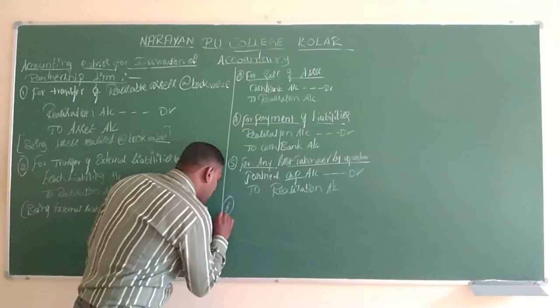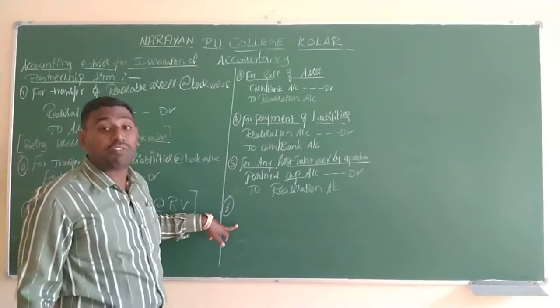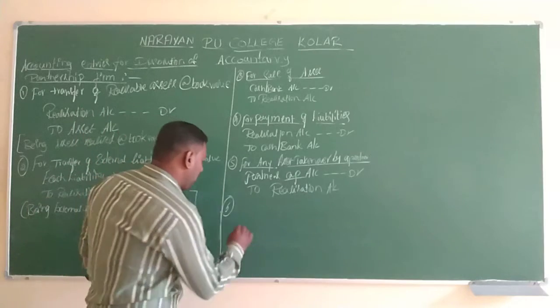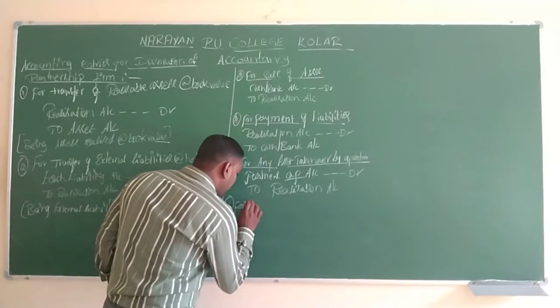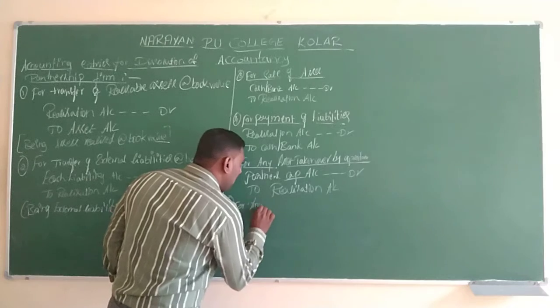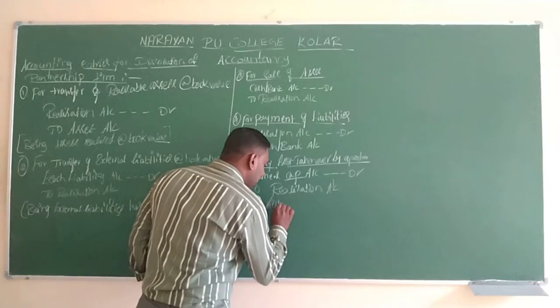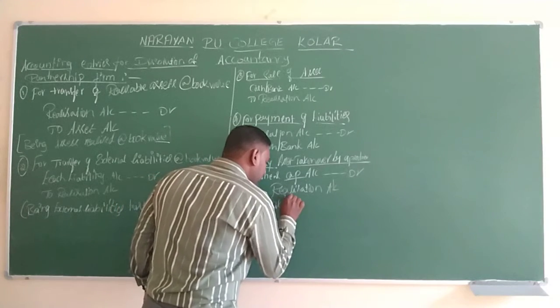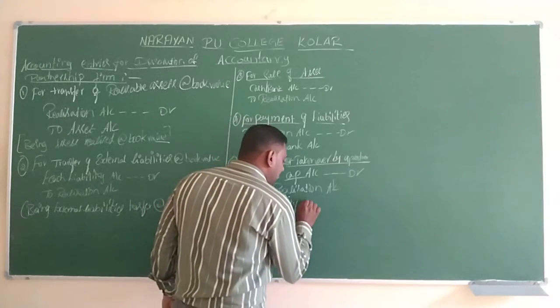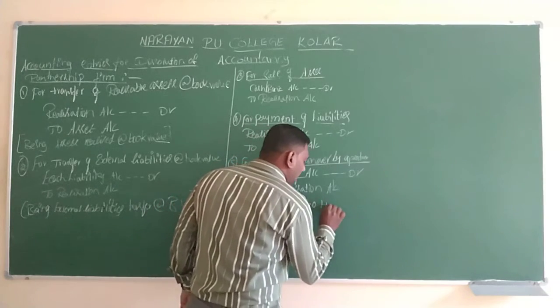Let's come to the 6th journal entry, which follows step number 6: for any liability taken over by a partner.